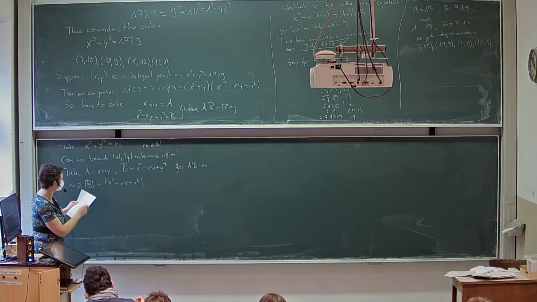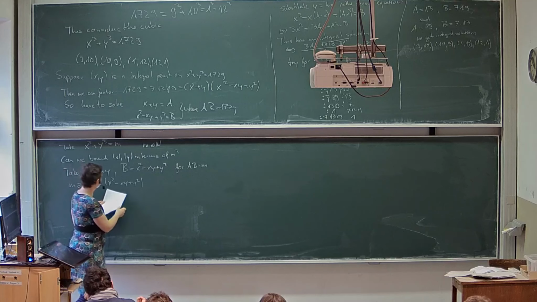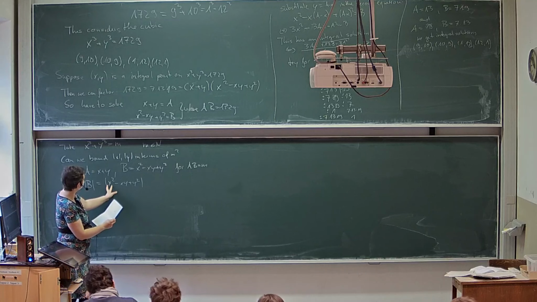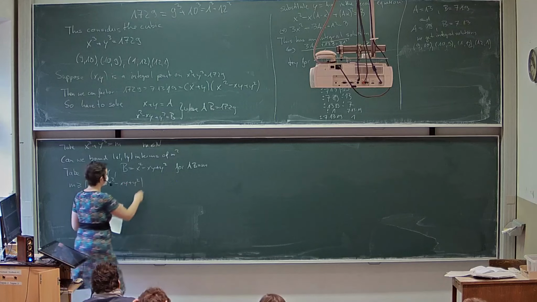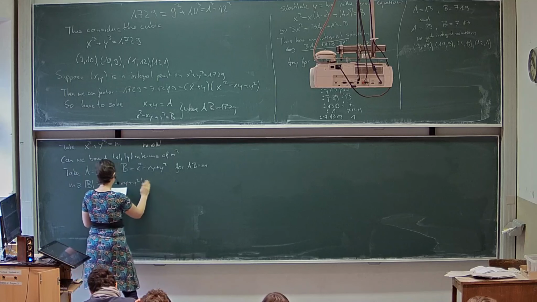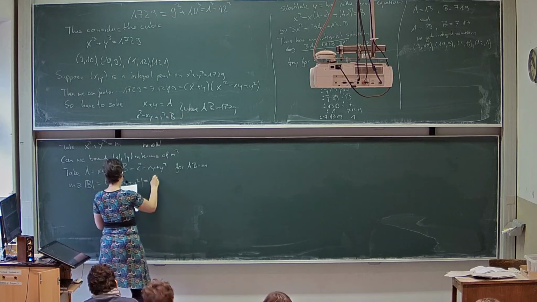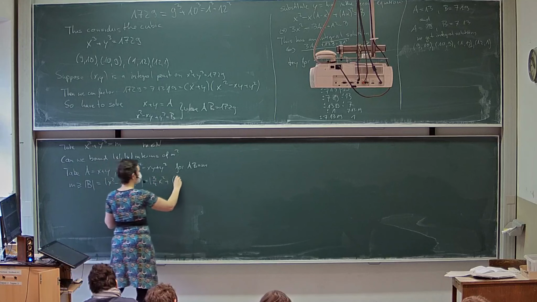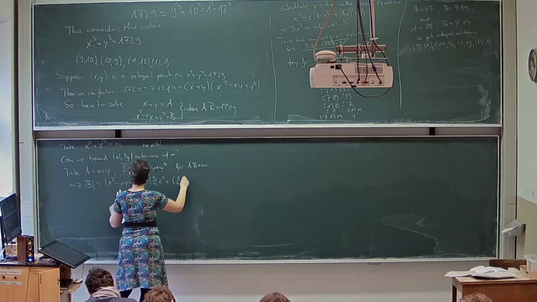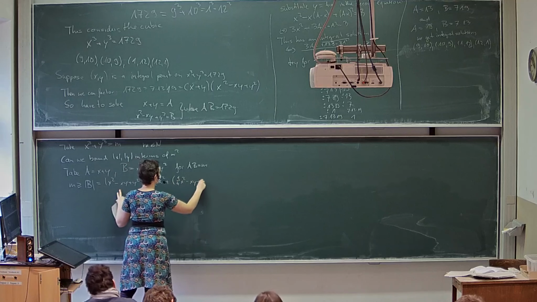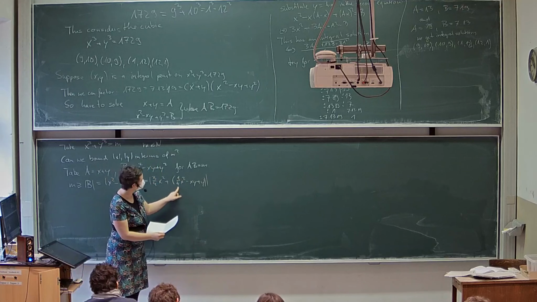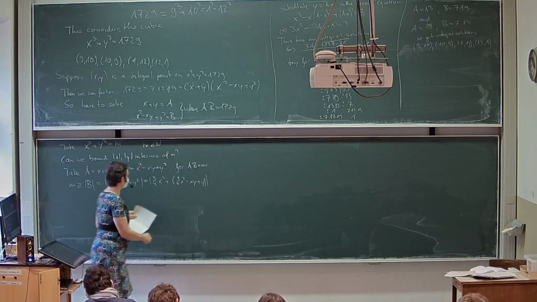And now we can just play around a bit and take 1 over 4 x squared and take it with this part. So this is 1 over 2x minus y squared.